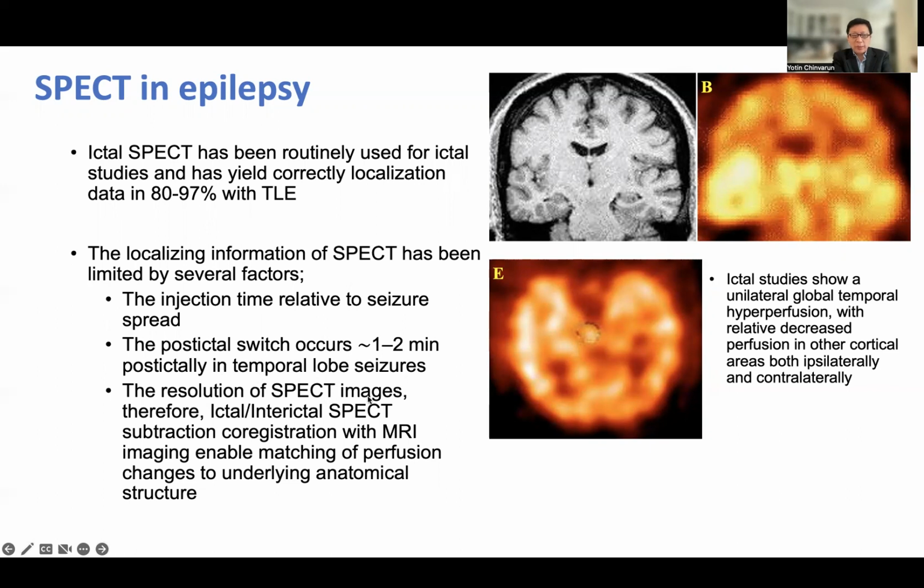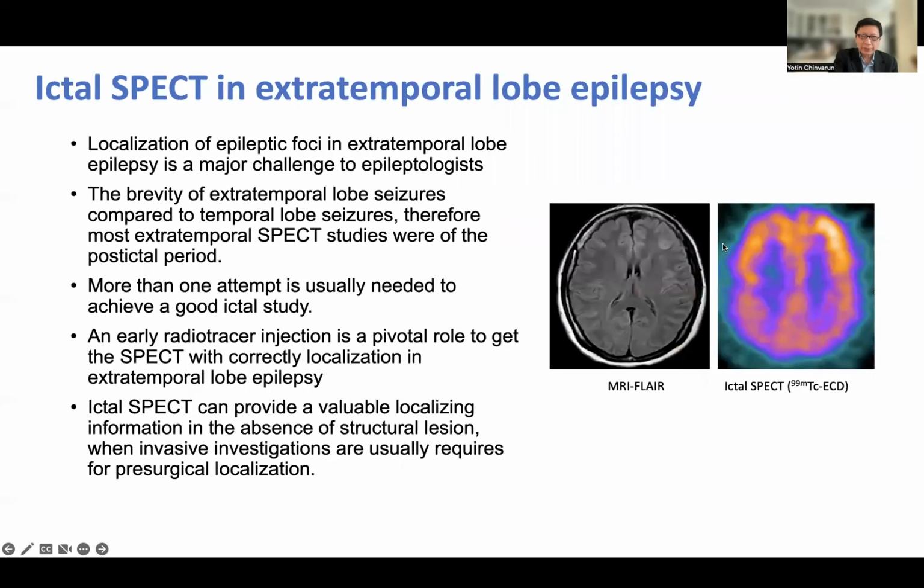The resolution of SPECT imaging is another obstacle. So you might need coregistration of SPECT with the MRI scan, or coregistration of the interictal and ictal studies to do the subtraction technique to identify regional blood flow changes. This is an example of temporal epilepsy ictal SPECT showing increased regional blood flow in the temporal area.